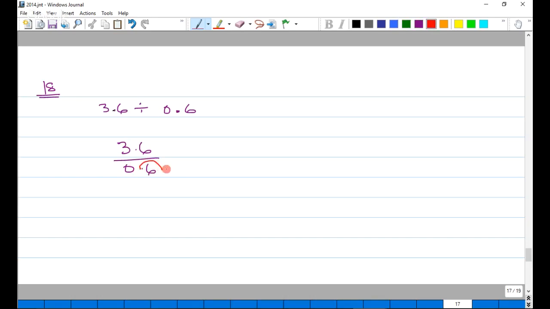Multiply this by 10, so I'll move 1 place to the right. Multiply the numerator by 10 as well. So I'm moving 1 place to the right. So I end up with 36/6. My answer would be 6. So the rule is whenever I'm dividing by a decimal, I must make it into a whole number by using the appropriate power of 10.